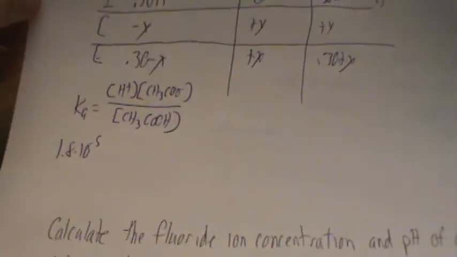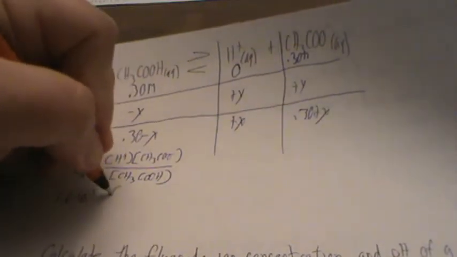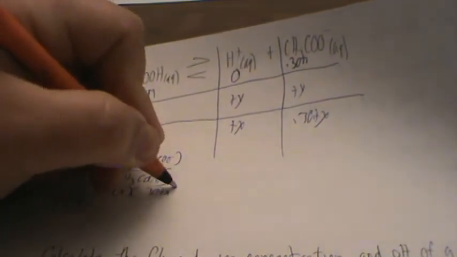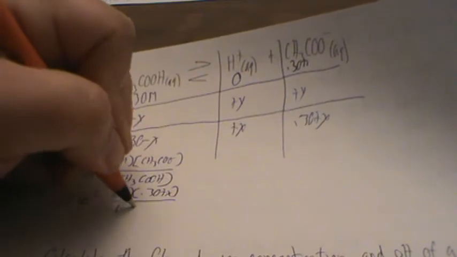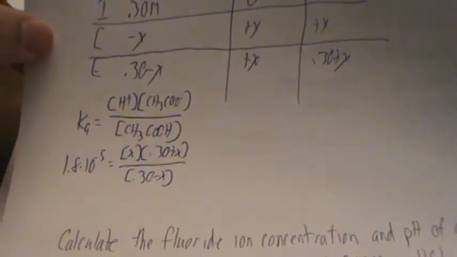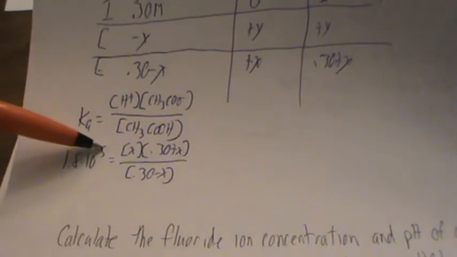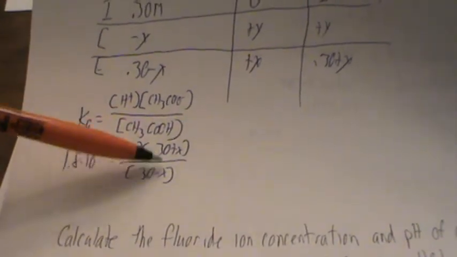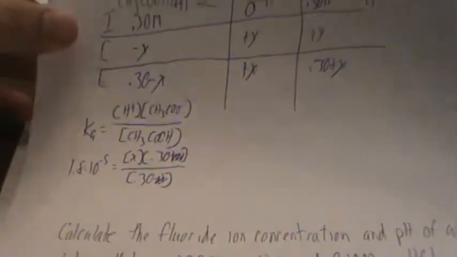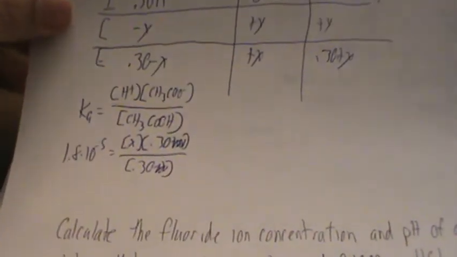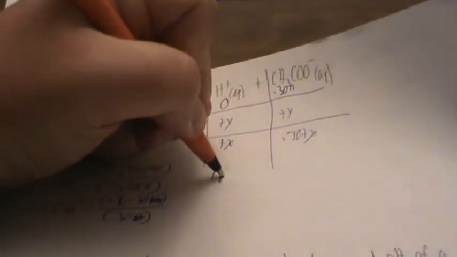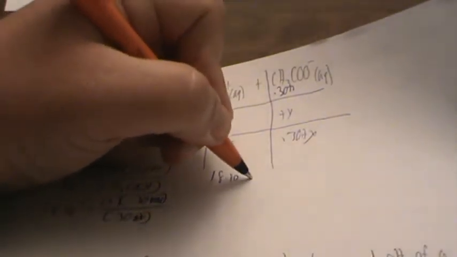So Ka, 1.8 times 10 to the negative fifth, is equal to X times 0.30 plus X, all over 0.30 minus X. What we learned in the acid-base chapter is that if our Ka is really small, then we can neglect the plus and minus X's in this situation.